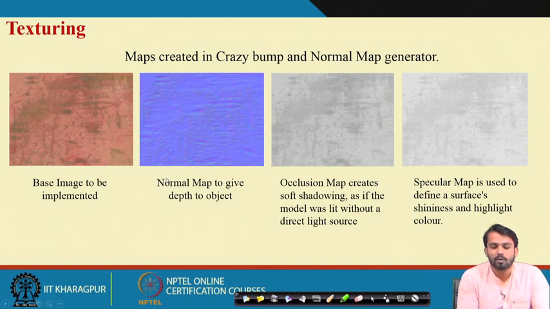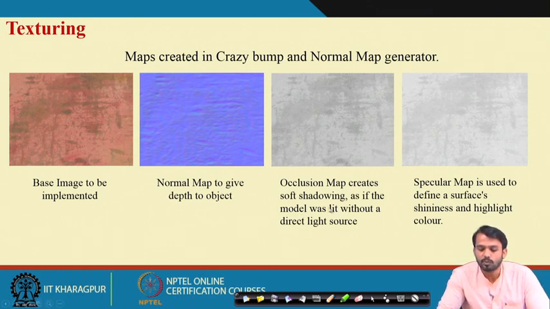Then the normal map, which will give depth to this particular object. Then the occlusion map, which creates soft shadowing as if the model was lit without a direct light source. Then the specular map, which is used to give surface shininess and highlight the color of the particular component.